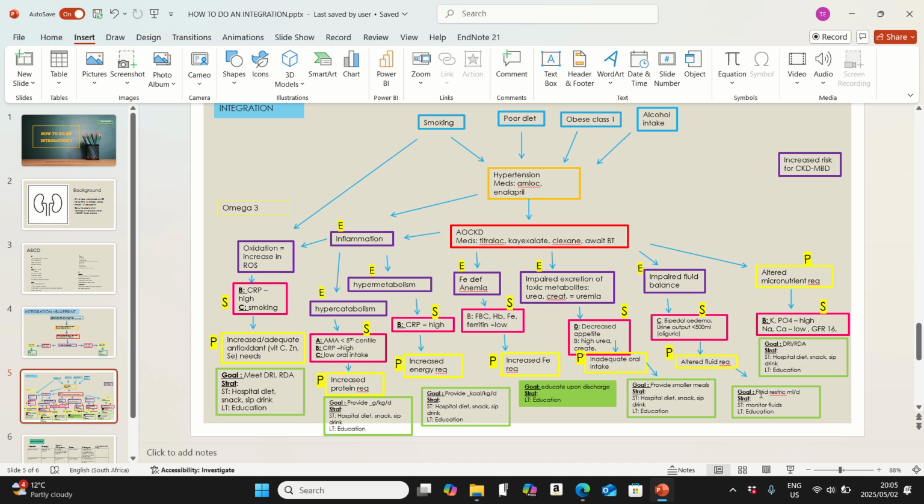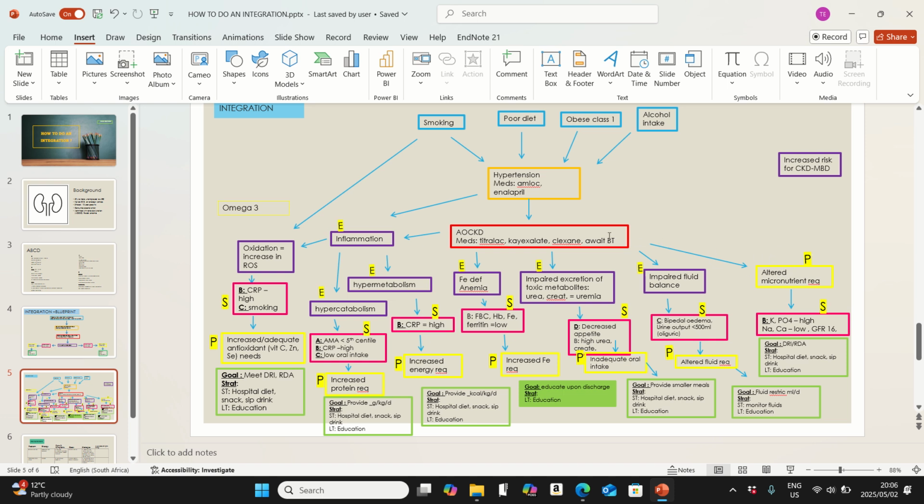Okay, again, for your goal, you're going to use your recommendations stated in the ASPEN guidelines or whichever guidelines you use, or KDOQI. And then your strategy. So in hospital, short term is going to be to monitor fluids, long term is your education.